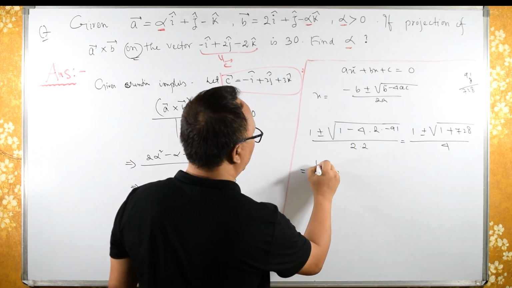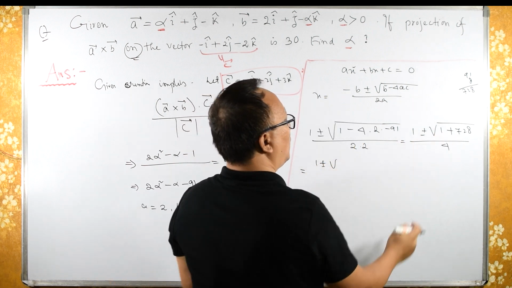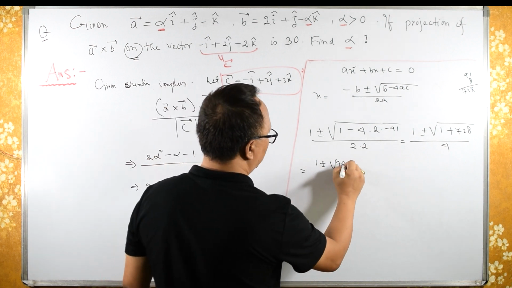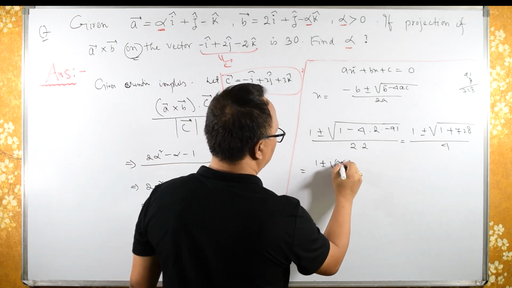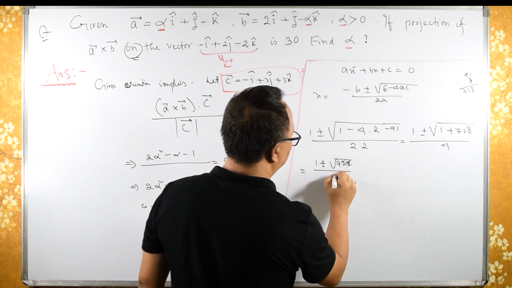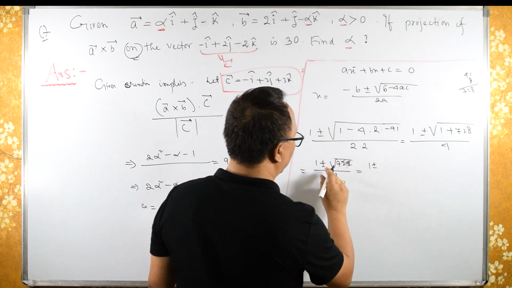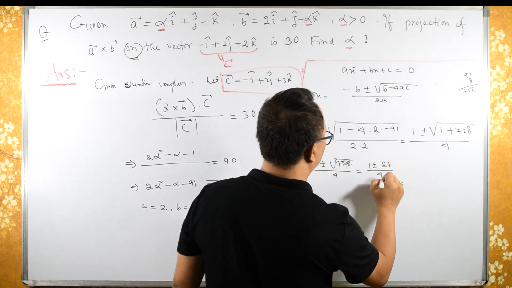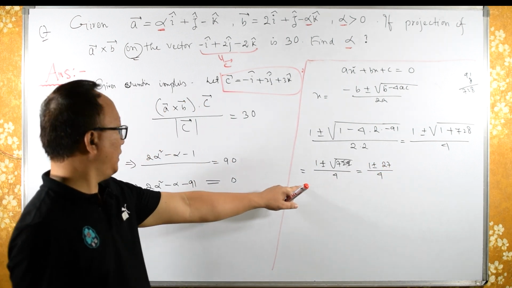So it is equal to 1 plus minus square root of 729 upon 4. Square root of 729 is 27. So 1 plus minus 27 by 4. Now, let's take this as the values of alpha.